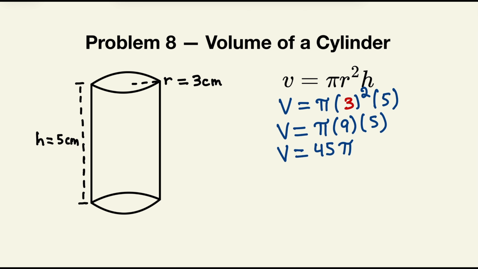Another thing I want to point out is if you want a decimal approximation, we can multiply by pi. So that is volume equals 45 times approximately 3.14. And that gives us 141.3.